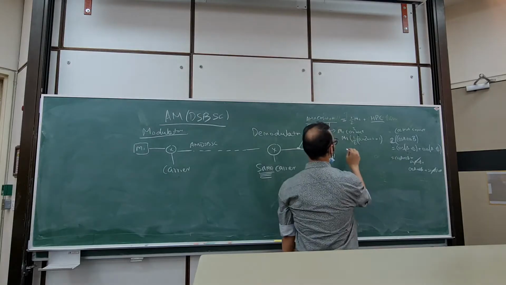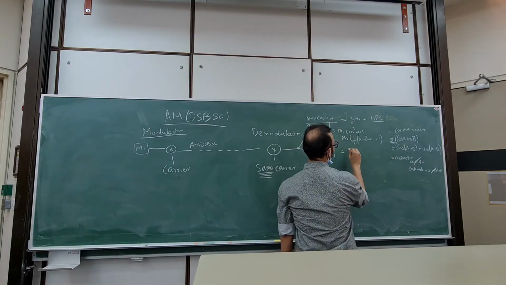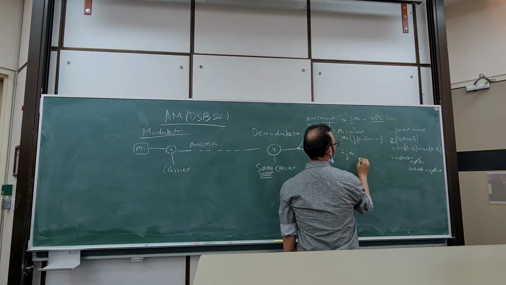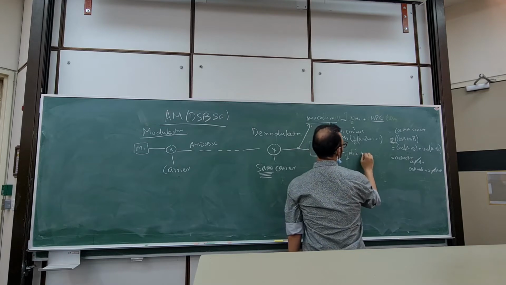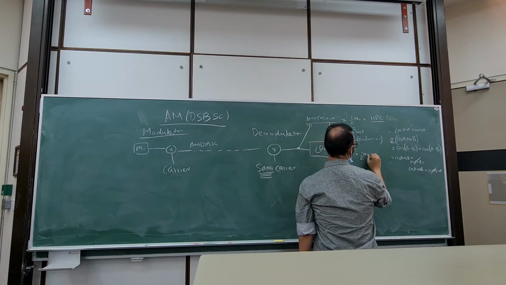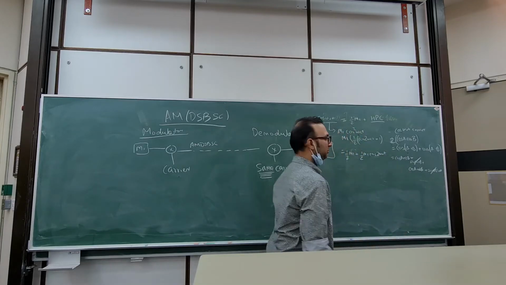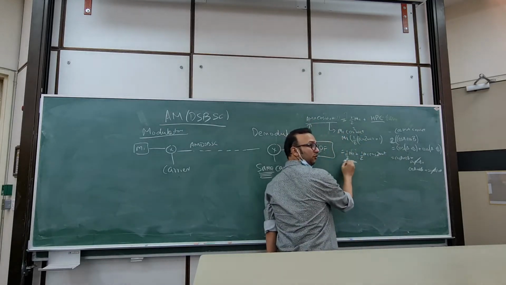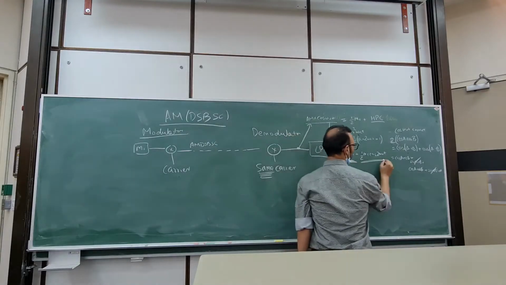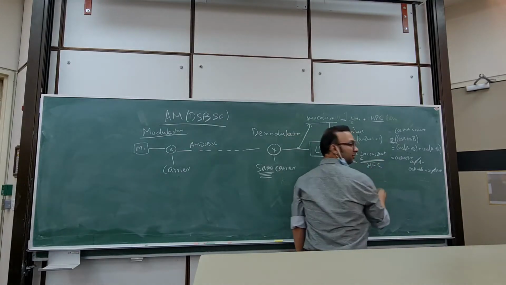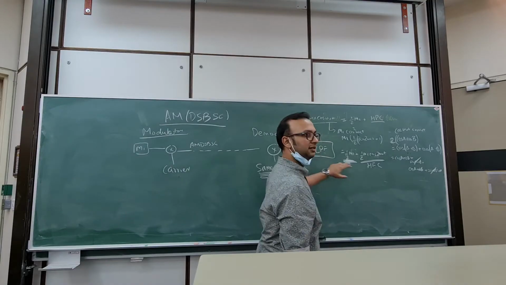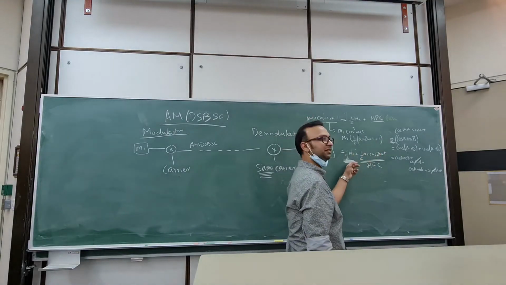So this is half M1 plus half M1 cosine 2 omega CT. This is your low frequency signal, and this is your high frequency signal, right? Once you do a low pass filter, this goes away, so you're left with only the low frequency part.